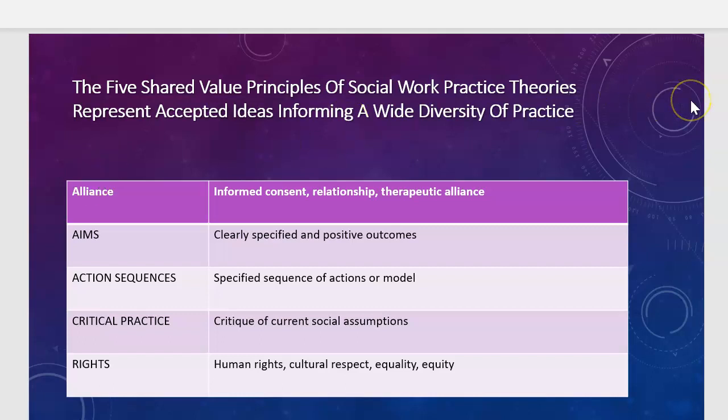So these are 5 very important value principles of social work that we draw upon, and we need to think about the theories in terms of these 5 values that can help us determine, is this a good social work theory? Is this helpful? Do I feel comfortable with it? Does it help me in my practice with my client population?